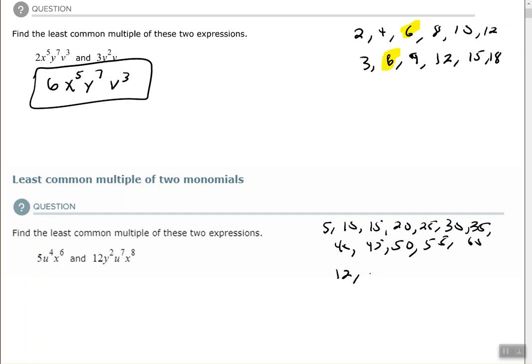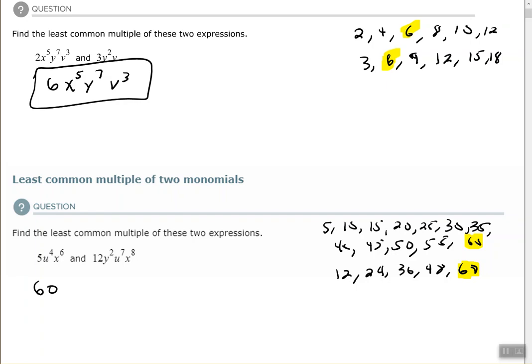The multiples of 12 are 12, 24, 36, 48, 60. So the first multiple that they have in common is 60. That's the first number that they'll both go into. If you're looking at division, that's the first number they'll both go into, 60.